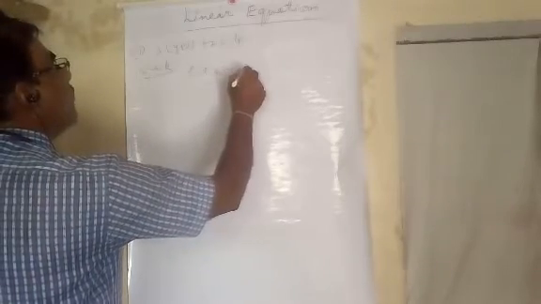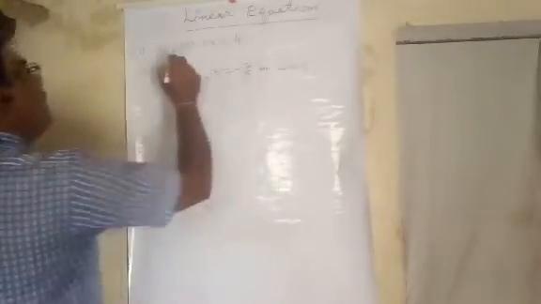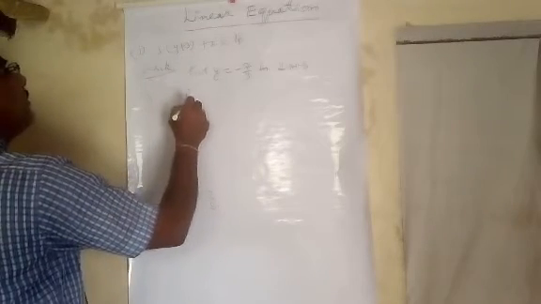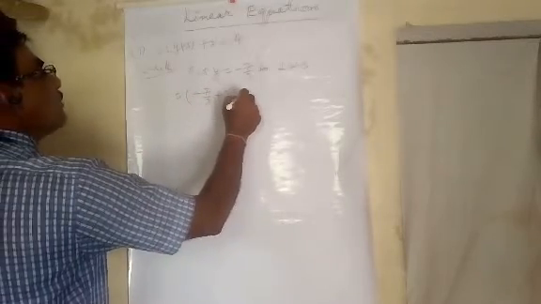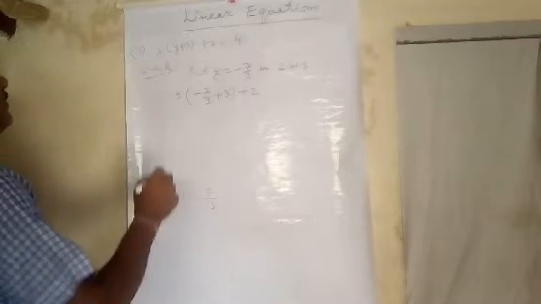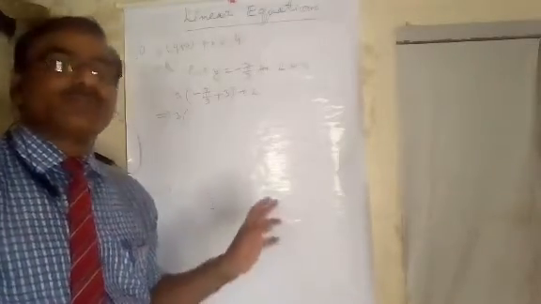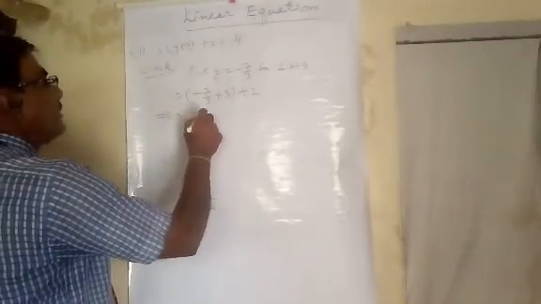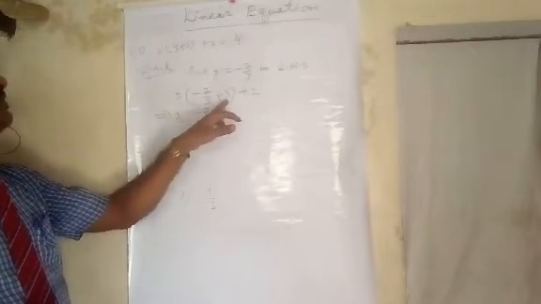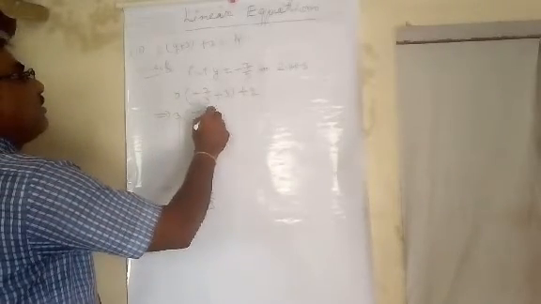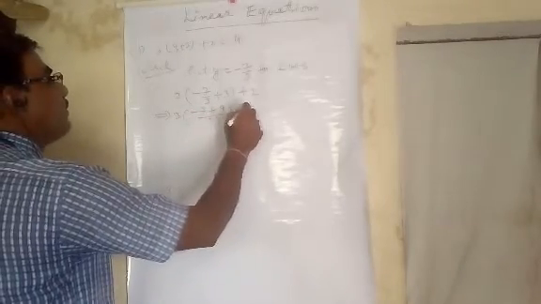Put y equal minus 7 by 3 in the left hand side. Left hand side is 3(y plus 3) plus 2, with the value of y minus 7 by 3. It will be 3 into (minus 7 by 3 plus 3) plus 2. For solving this bracket we multiply 3 with 3, then it will be minus 7 plus 9 upon 3, plus 2.